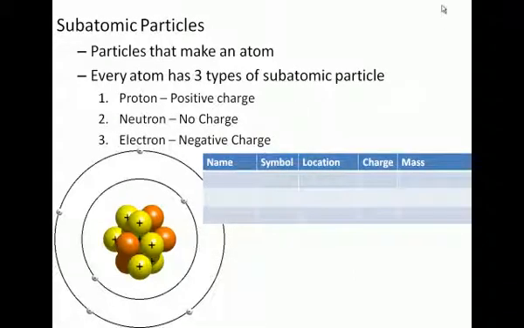So let's fill in this table that we have here. There's 3 types of subatomic particles: protons, neutrons, and electrons.